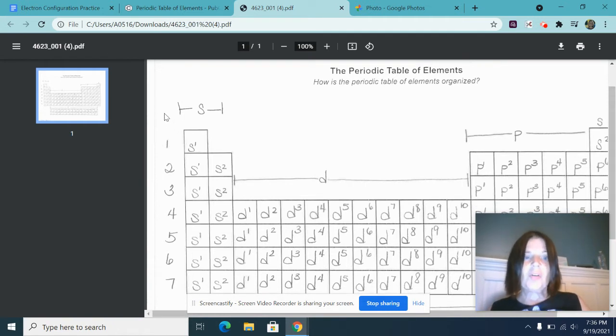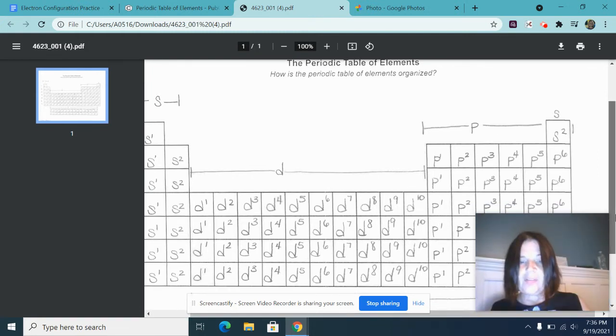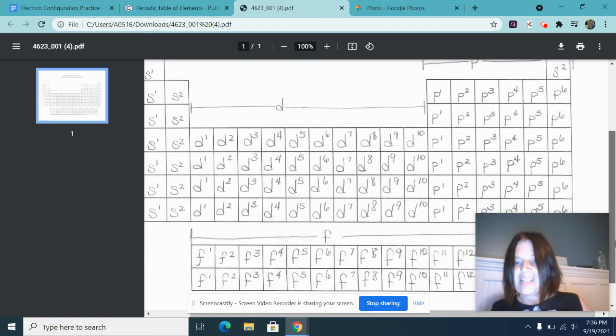We called those sublevels or orbitals: S for the elements that have electrons on the far left of our periodic table, D for the elements that have electrons in the center of our table, P for the ones on the far right of our periodic table, and then the ones at the very bottom of the periodic table exist in sublevel or orbital F.